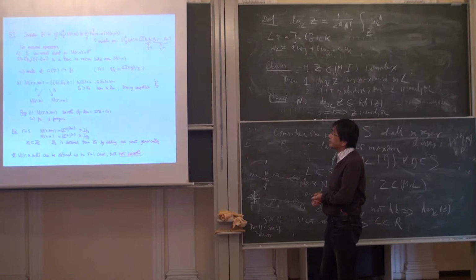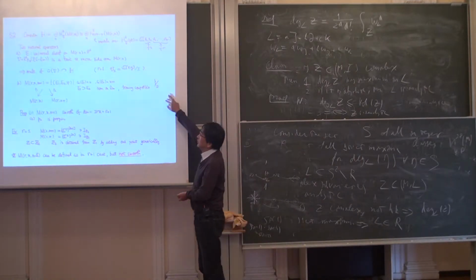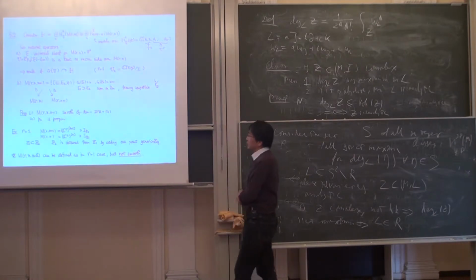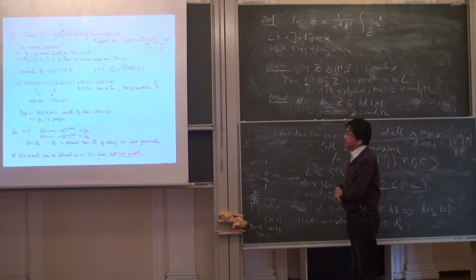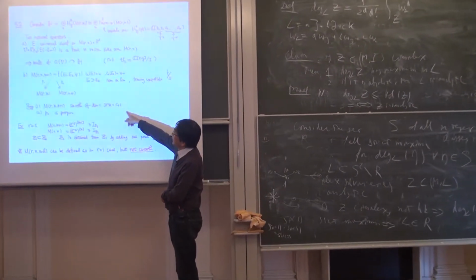So today I will just consider the case when the number of points is increased by 1. This space is very nice: it is smooth, and the dimension is 2Rn plus R plus 1.